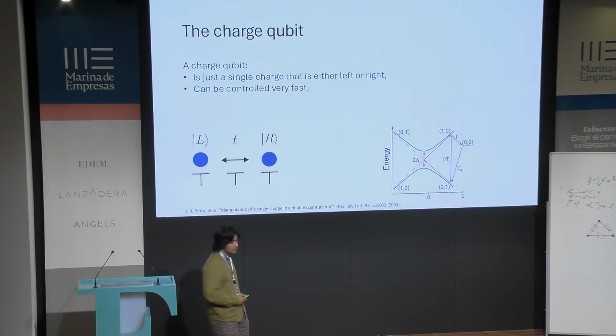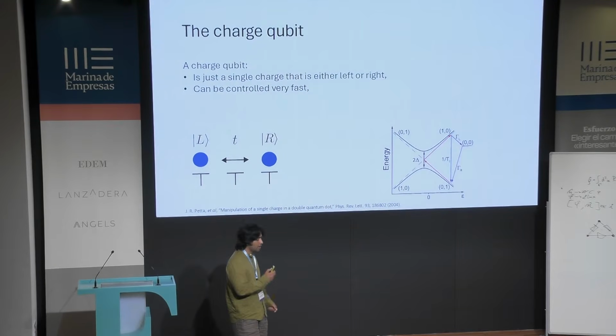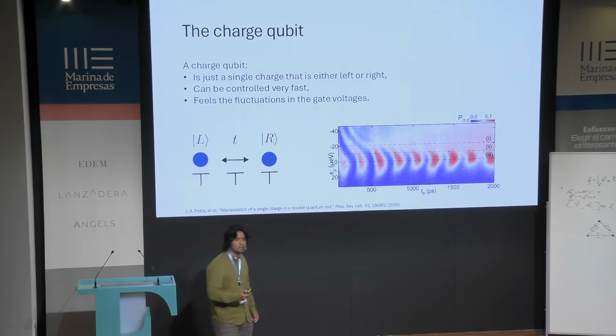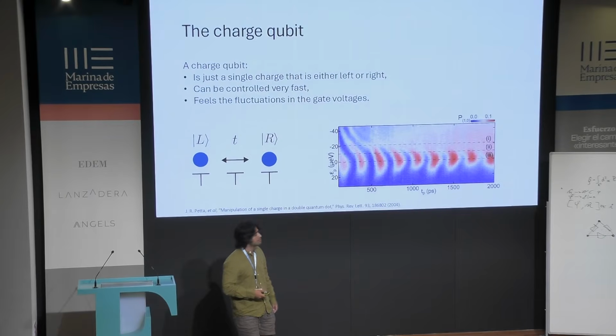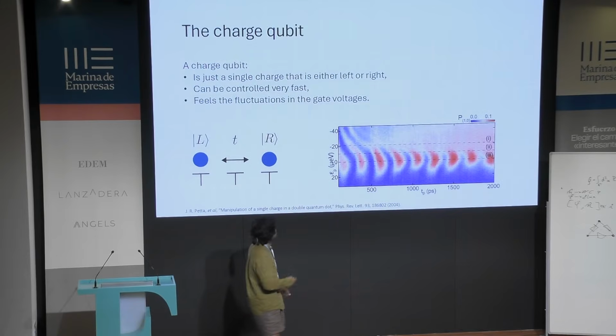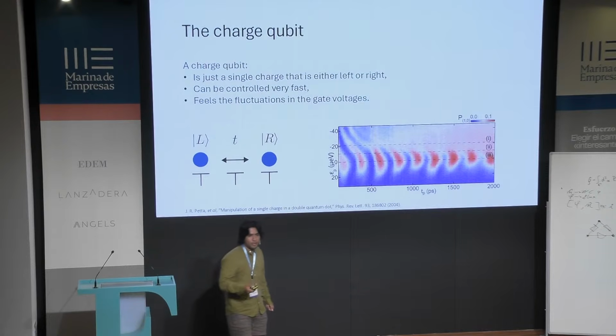This is a very old experiment from 2004 already, and it teaches us a very important lesson about charge qubits, and it's that they are very, very noisy. In the following plot, you see the main result of that paper, and that is the probability of being in the left state. You can see that as you move in the y-axis, the detuning, you quickly decohere, you quickly collapse to being either on the left or in the right.